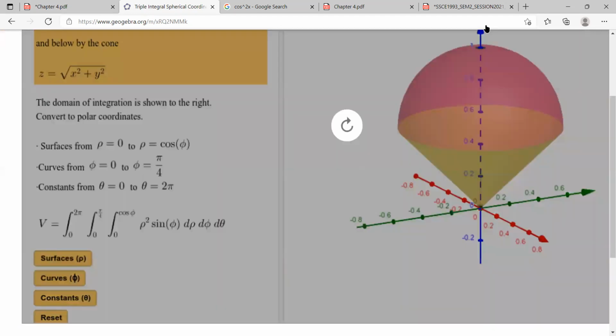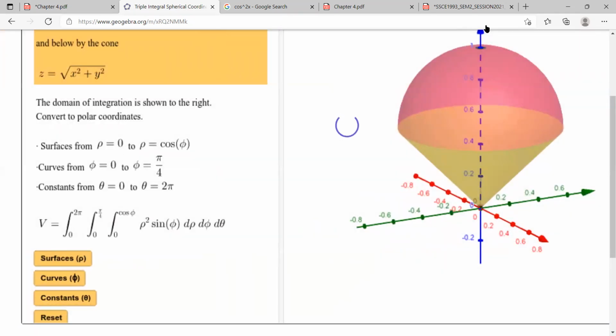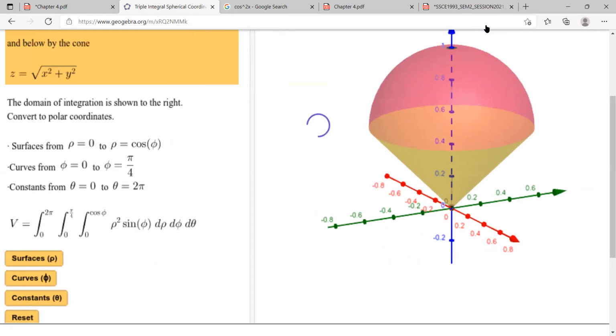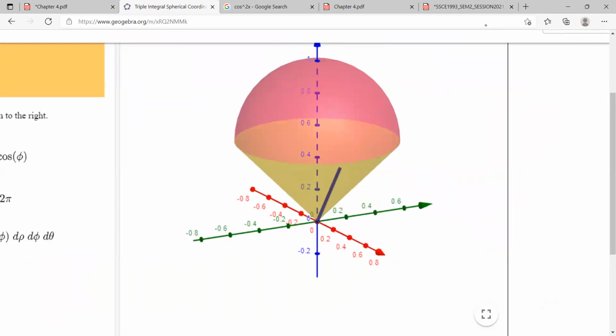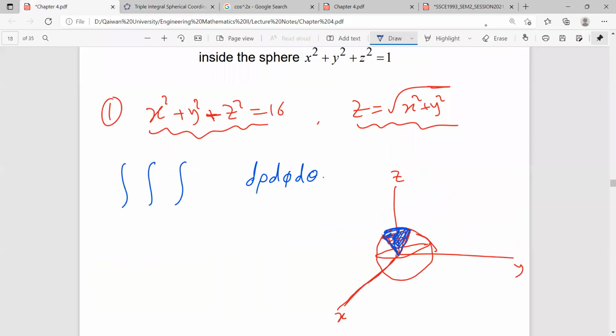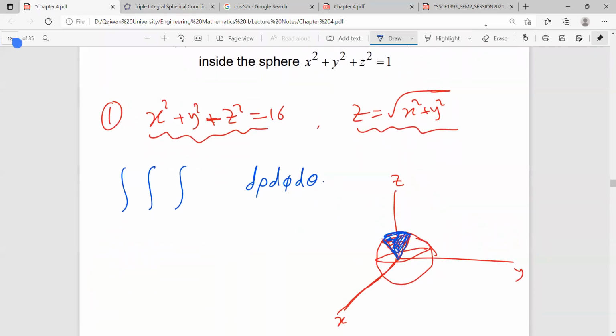Rho is the distance from the origin to the boundaries. As you see here, the distance from 0 to the boundary of the sphere is 4 units, because x squared plus y squared plus z squared equals 16.